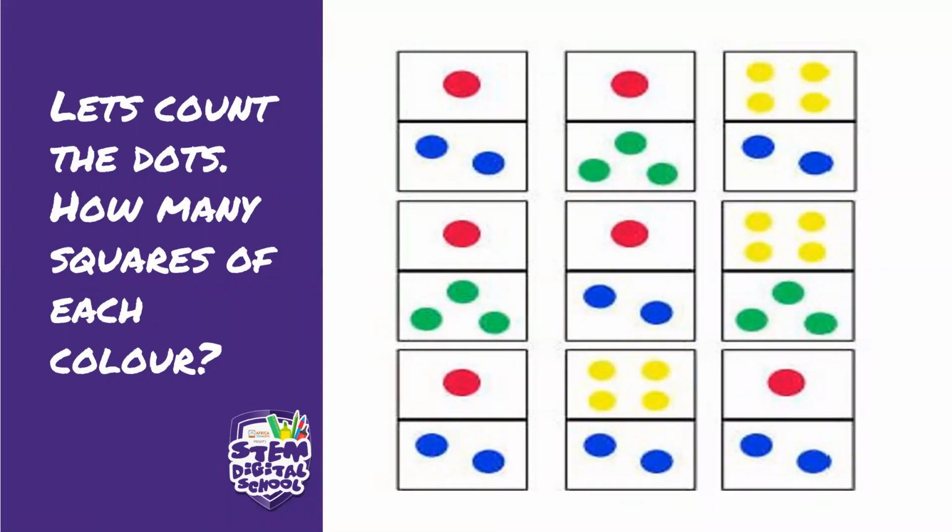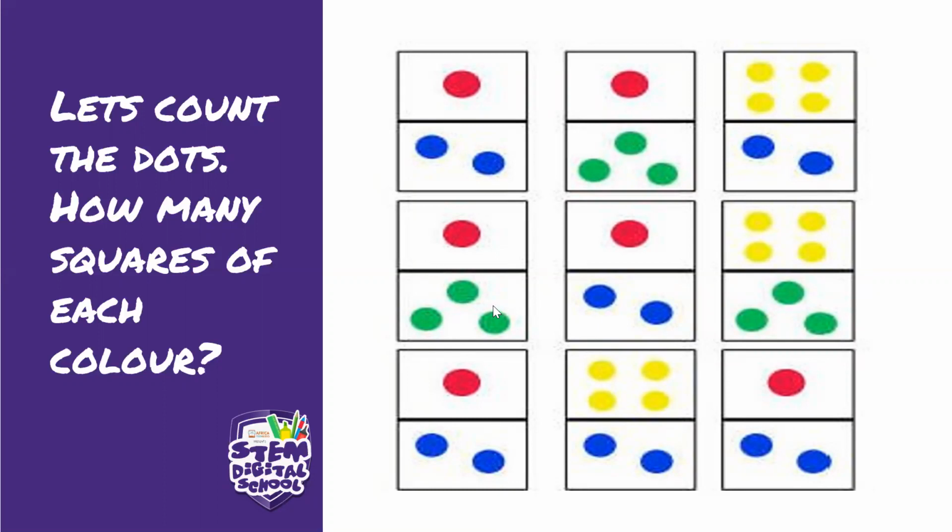The yellow ones are more. The yellow has a lot of dots, but let's count the rectangles. 1, 2, 3. And the green, 1, 2, 3.